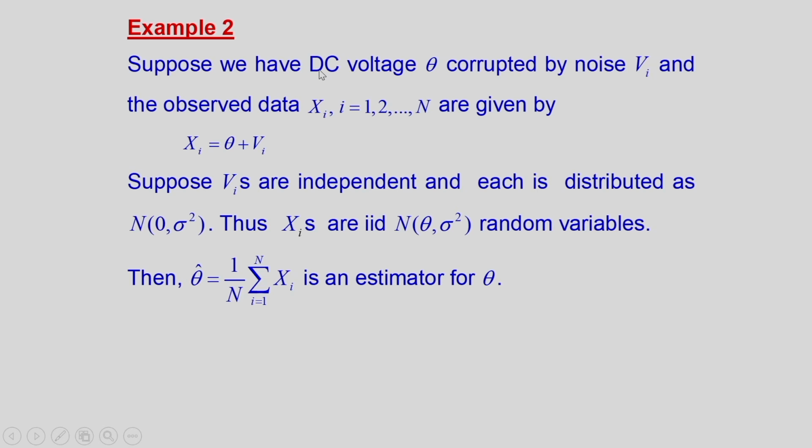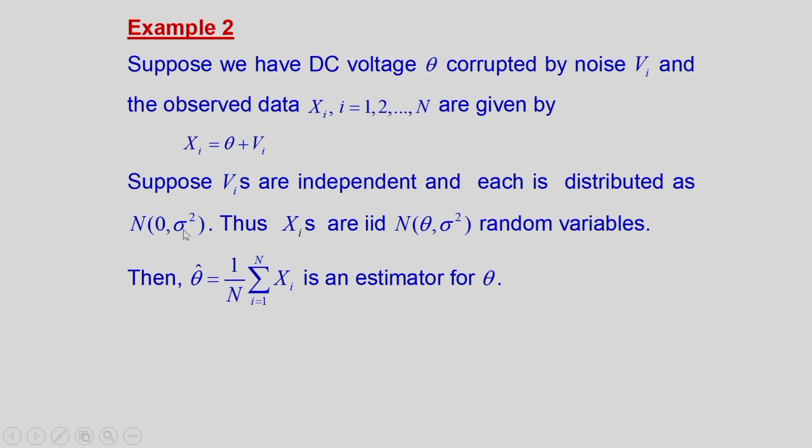Suppose we have a DC voltage theta corrupted by noise Vi, and the observed data xi, i equal to 1, 2 up to n, are given by xi is equal to theta plus Vi. Now, we assume that Vi's are independent and each is distributed as normal 0, sigma square.